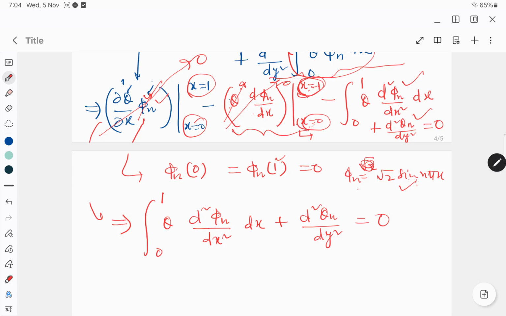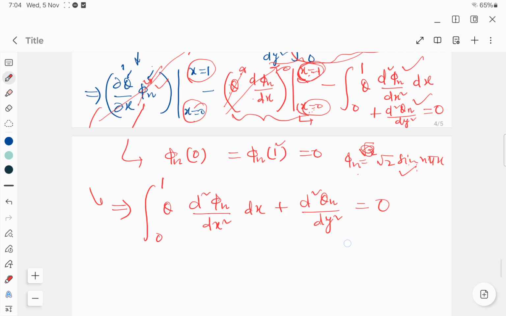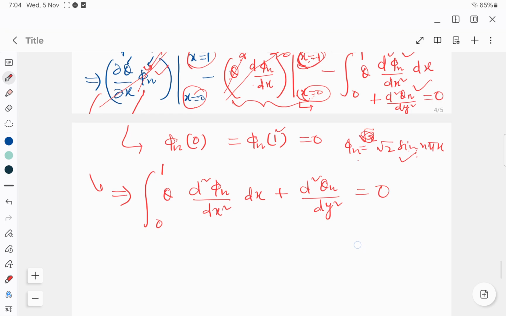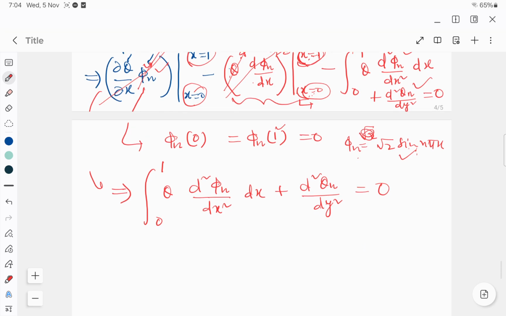So this is what we are getting. Now we need to understand this.